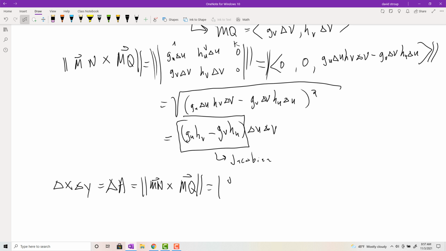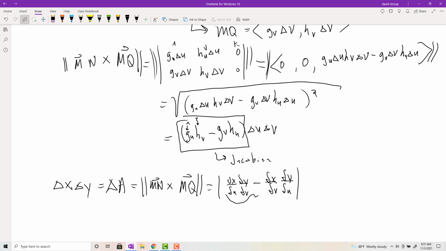The way we're going to write it is you have a function of x and a function of y, right? So the function of x was the g. This is our x function, and h is our y function. So basically you have the partial derivative of x with respect to u times the partial derivative of y with respect to v, minus the partial derivative of x with respect to v times the partial derivative of y with respect to u.